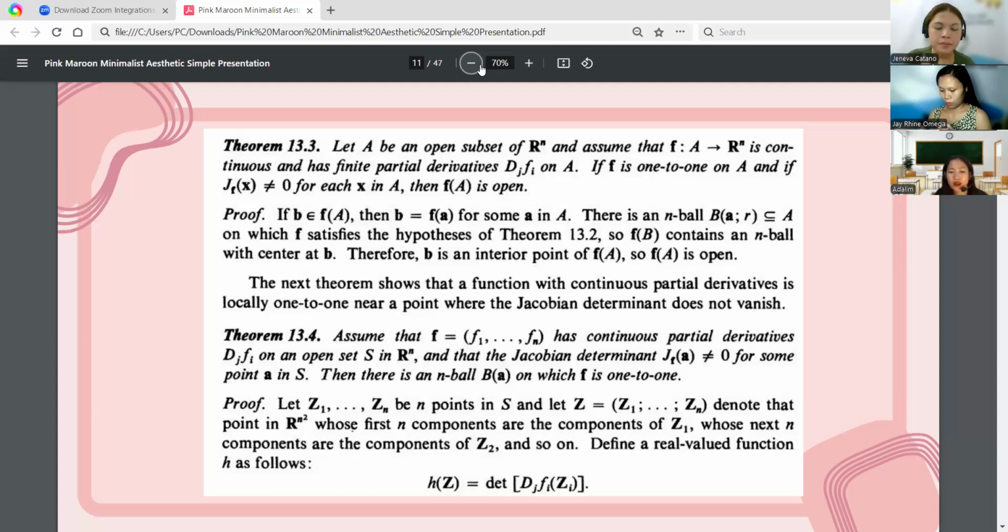Okay, and we have here the proof to Theorem 13.4. You can read that one if you want to know more about Theorem 13.4. So now let's proceed to the next slide.